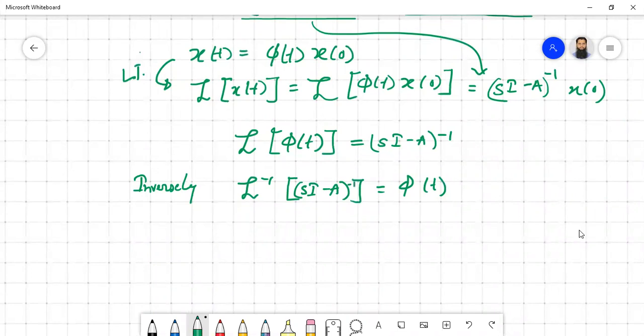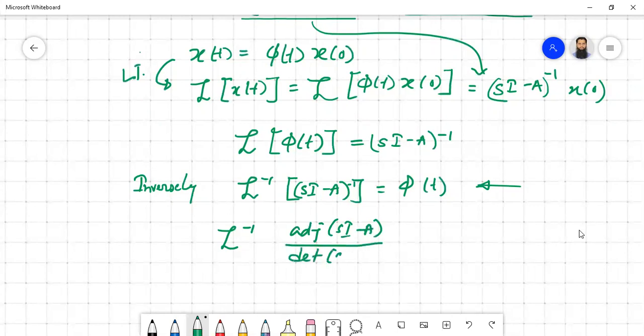So this is the alternative way to figure out the state transition matrix. But one point we want to figure out is that the inverse matrix can be written as the adjoint of (sI minus A) divided by the determinant of (sI minus A).